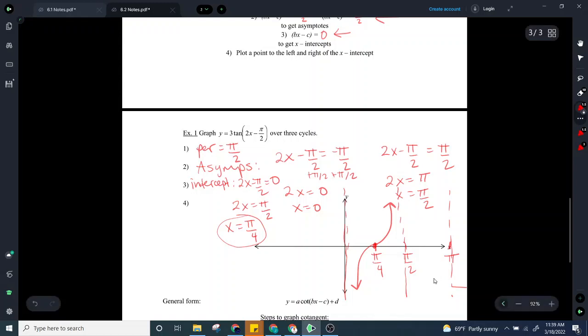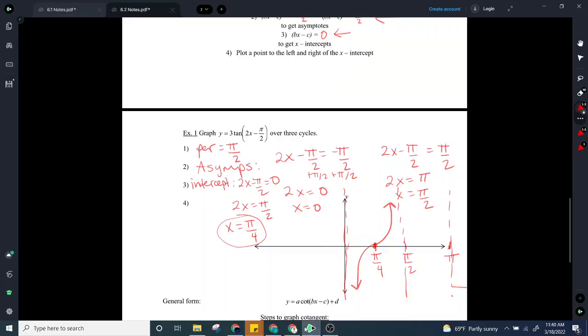Oh, I lost my pen again. So halfway between pi over 2 and pi would be at 3 pi over 4. So there would be my intercept, and we would go up on the right again, down on the left.